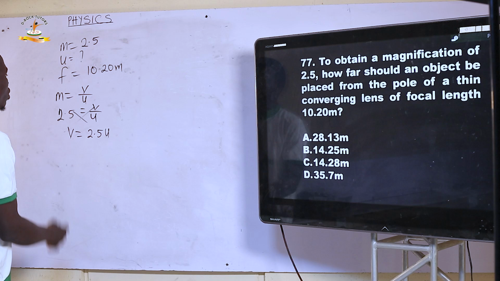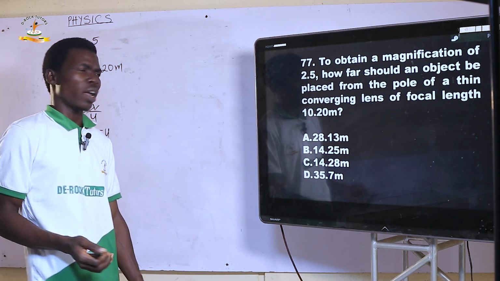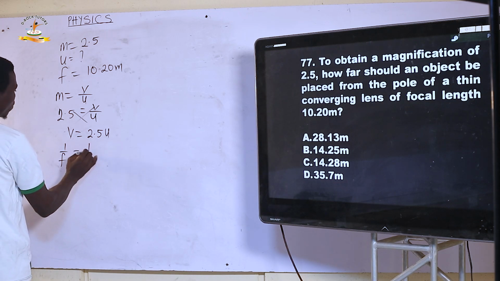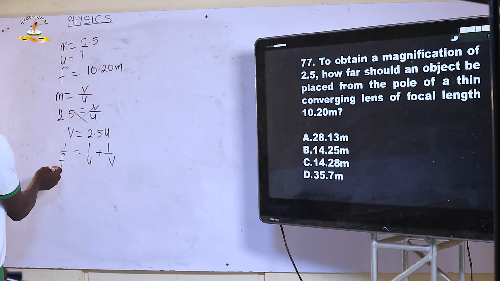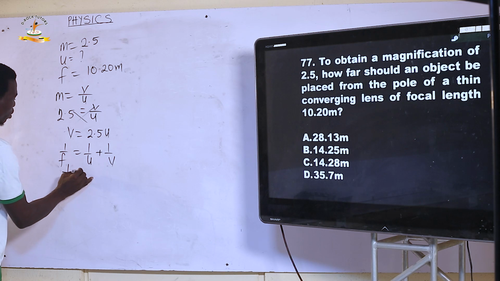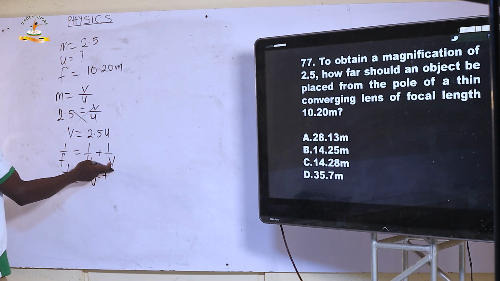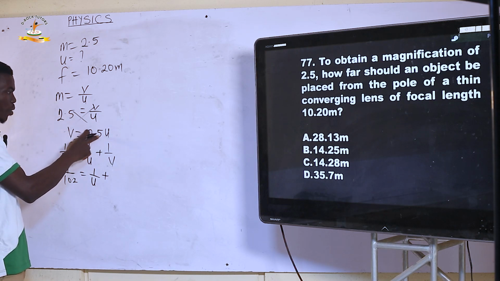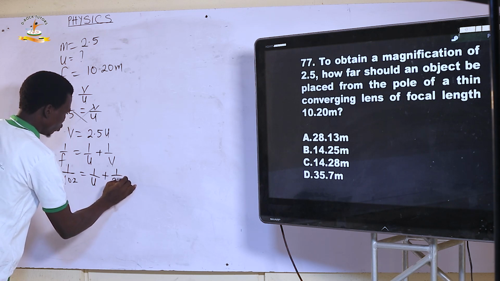And with this, we can begin to put in our lens formula. So 1 over f equals 1 over u plus 1 over v. So our 1 over f is 1 over 10.2 equals 1 over u plus, instead of writing 1 over v, since we have said that v from magnification is 2.5u, we're going to write 2.5u.